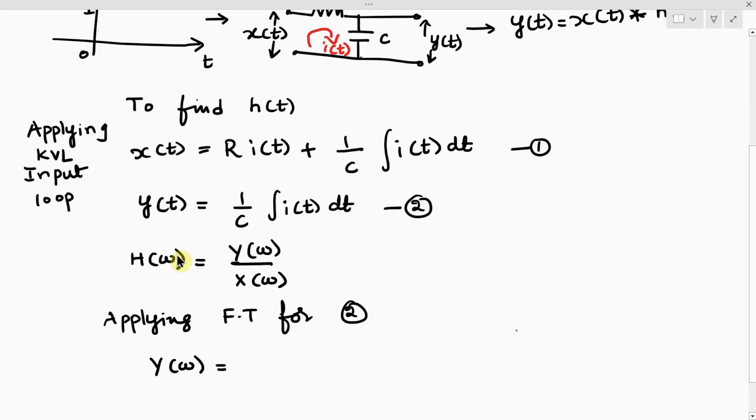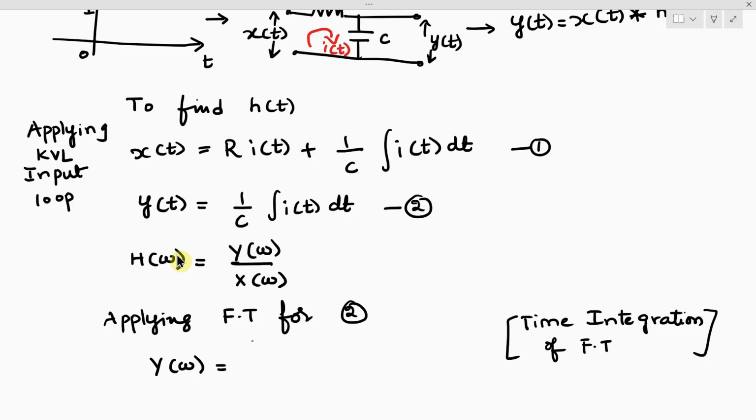and here, I'm going to use the time integration property of the Fourier transform. So it becomes 1 by c integral, which is replaced as per the property by 1 by j omega, and i of t becomes i of omega. So this is equation 3.